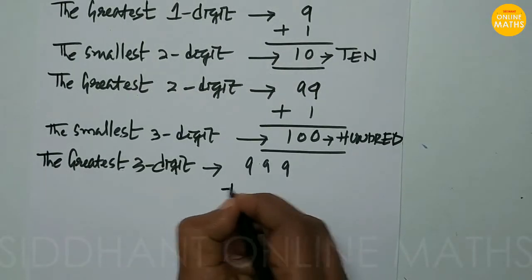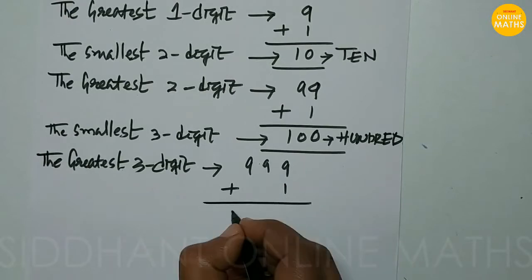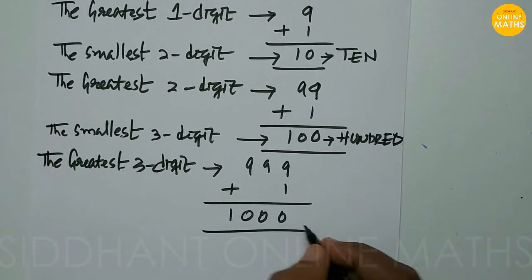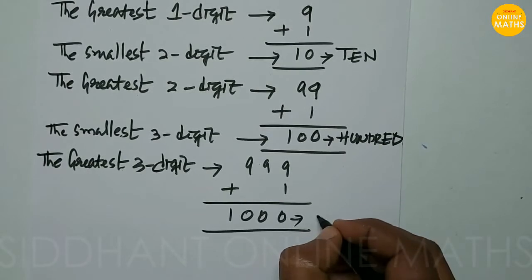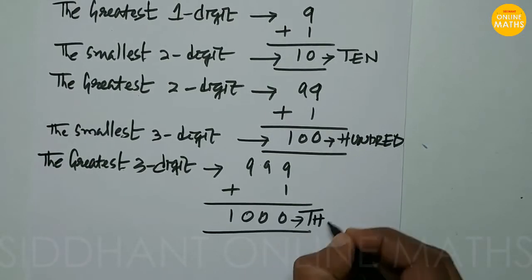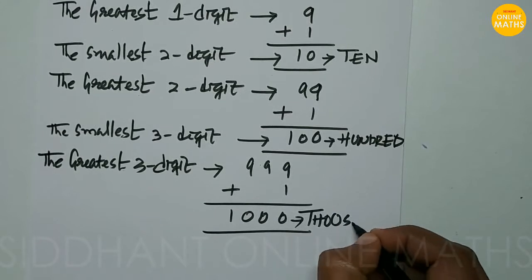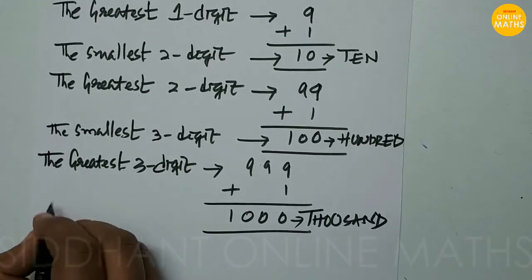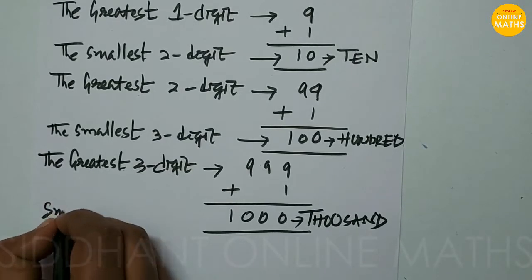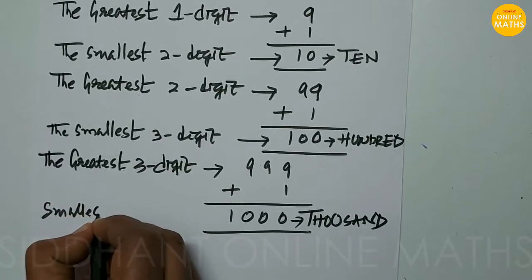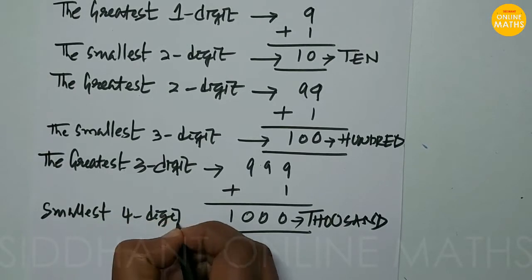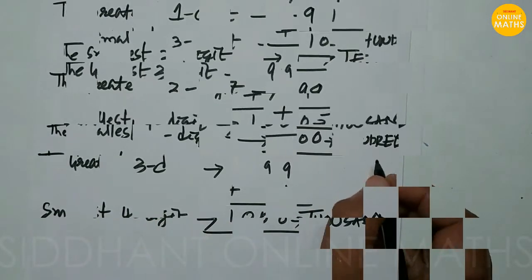And when you are going to add 1 to this, it is 1000, and this is read as 1000. This is the smallest four digit number.